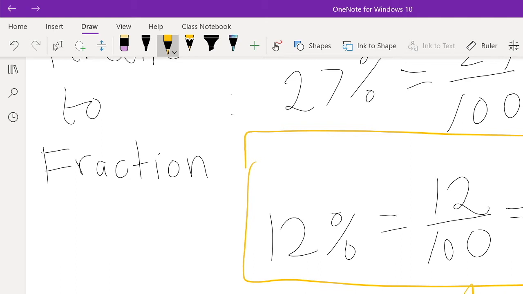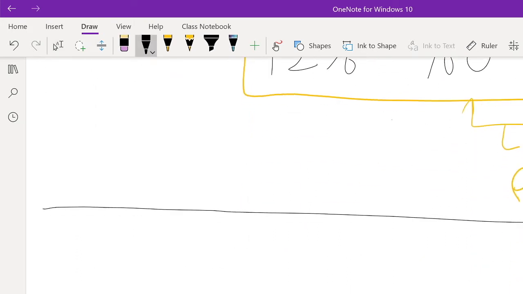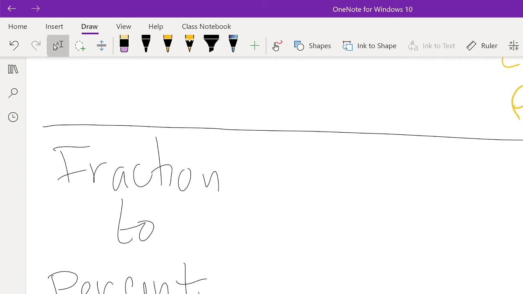So what about from fraction to a percent? Let's say that I wanted to do 1/5, and I wanted to see what that percent is.